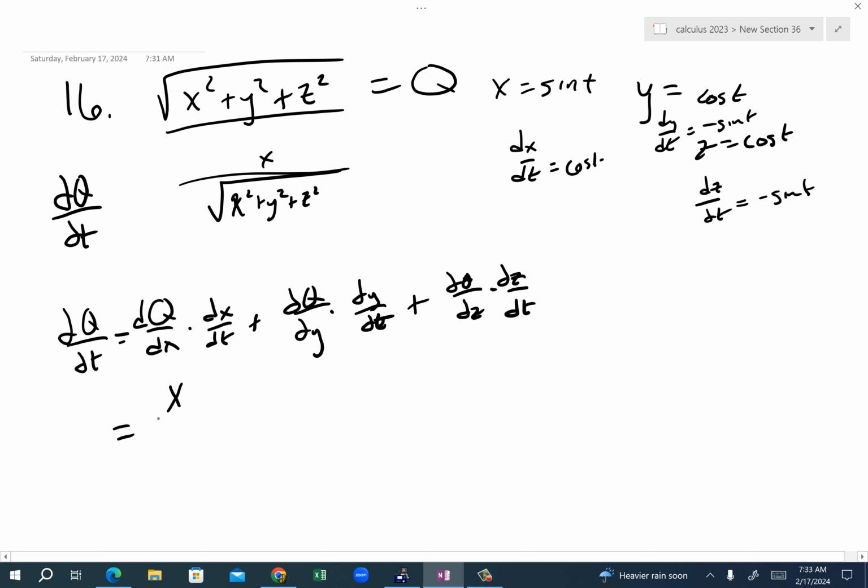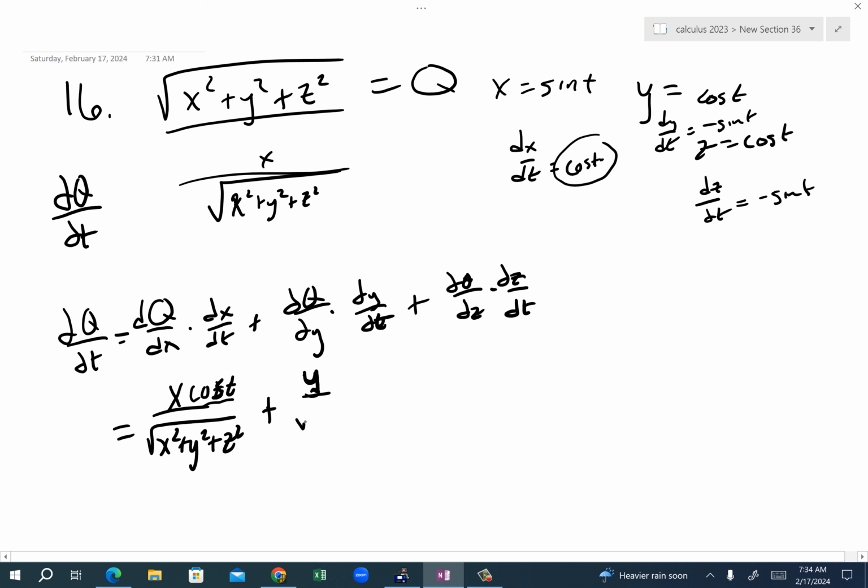So this is going to be x over this, and then times cosine of t. I'm just going to drop the cosine of t up top for now. And then we're going to do a little more substitution here in a minute, so we're not done, but we're getting there.